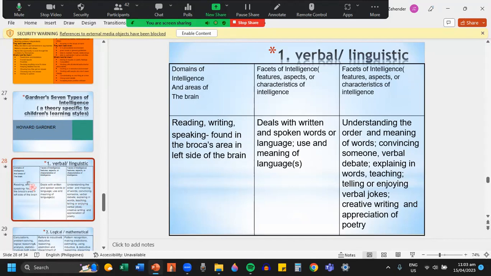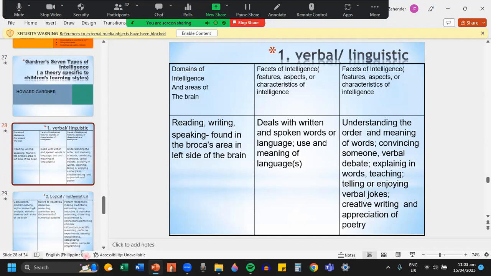The learner understands the order and meaning of words. They like convincing someone, they tend to engage in verbal debate, explaining in words, teaching, or telling, enjoying verbal jokes, creative writing, and appreciation of poetry. So, language or communication.